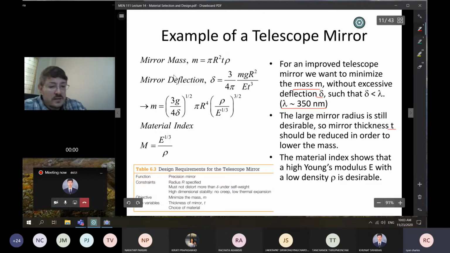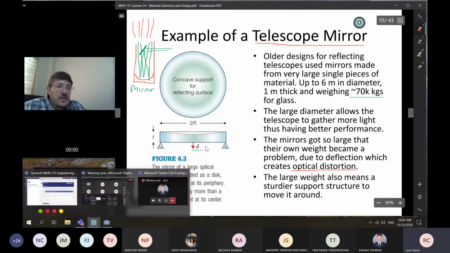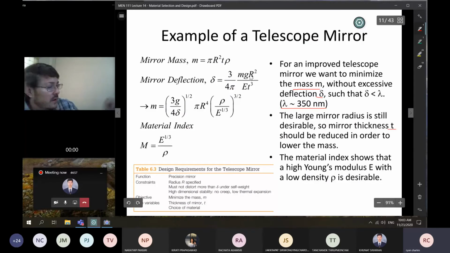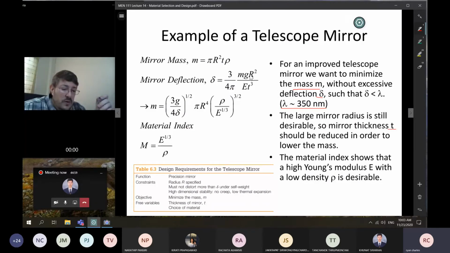Mirror deflection. What's this deflection? You'll have other classes, I assume, where you'll go into beam deflection and so on. Based on the shape of what's deflecting, you have different equations. For a cylinder here, it's 3/4 pi, m g r squared over E t cubed.